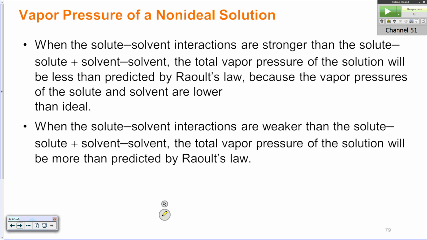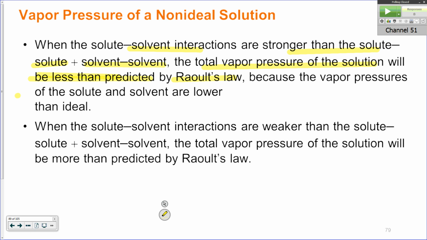Okay, so whenever the solvent-solute interactions are stronger than the solute-solute plus the solvent-solvent, so this is going to be something that's going to have very strong intermolecular forces between the compounds, what happens is the total vapor pressure is going to be less than we predict by Raoult's Law.